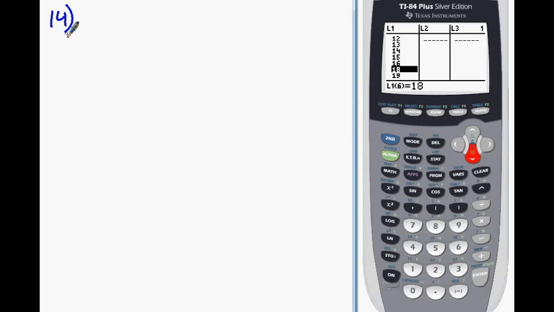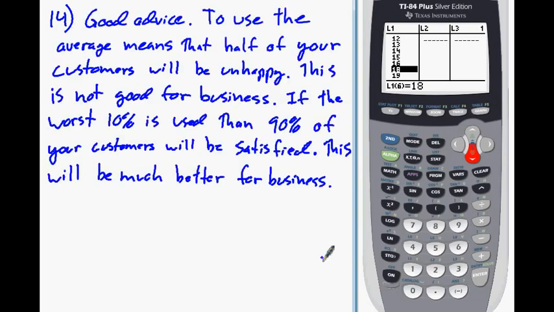I'll write up my answer to this in just a moment. So here's my answer to this question. I think it's good advice that he's giving. To use the average means that half of your customers will be unhappy. This is not going to be good for business. 50% of your customers are unhappy.